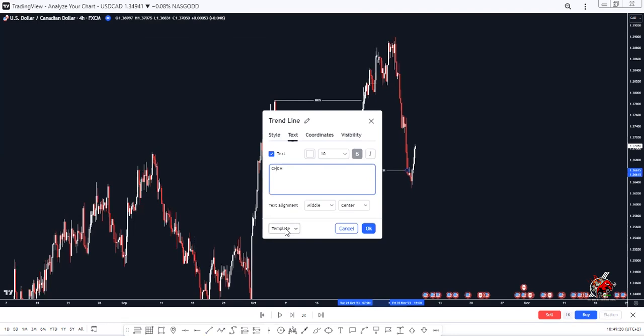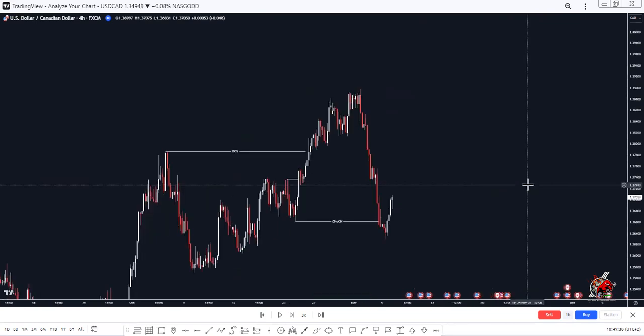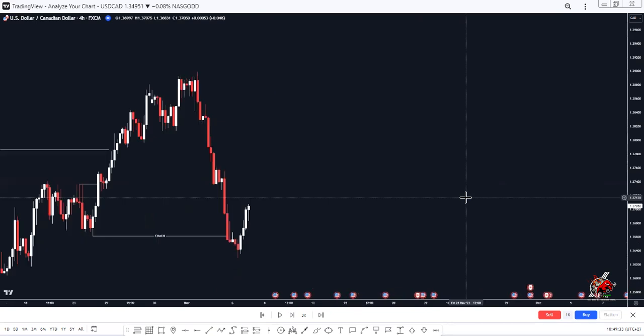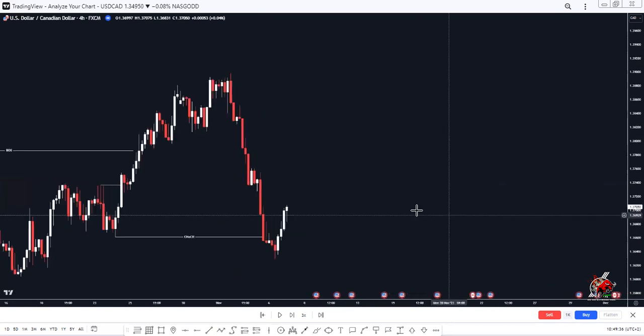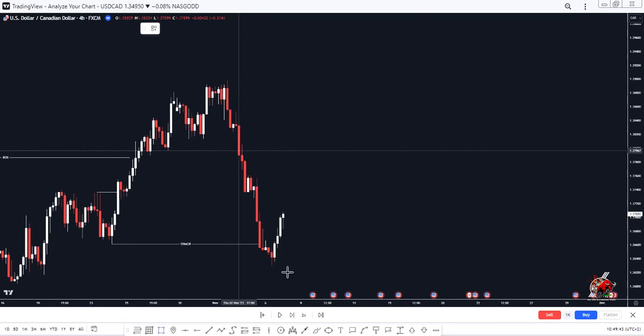Guys, when you do this, you're going to get the directions right, whenever you do this. So now at this point, this is where most of you will get confused, guys, right? This is the last candlestick that broke to the downside.